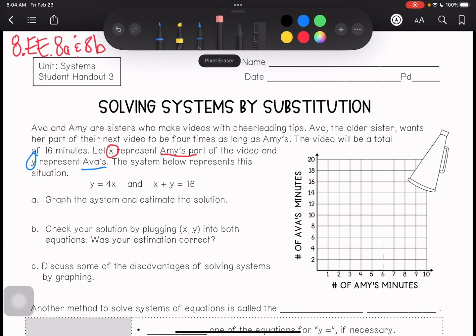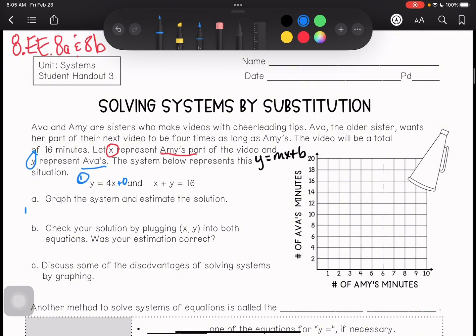So both equations should be written in slope-intercept form, which is y equals mx plus b. We're going to look at the first equation, y equals 4x. Y equals 4x has a y-intercept of 0. We're going to label this equation 1, because Ava is y.